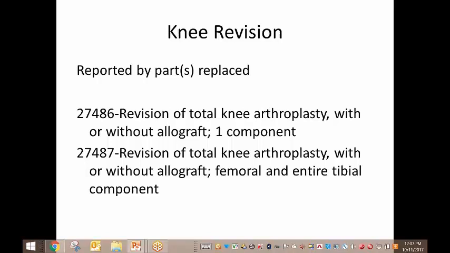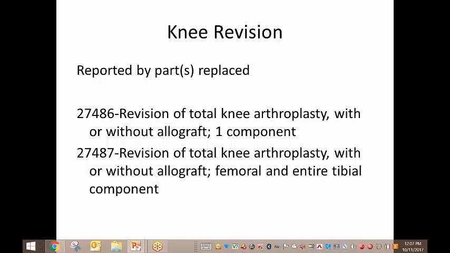I think we also sometimes have a problem because there is no conversion code like we have in the hips. I think we're eventually going to have to see one created, because we have patients having unicompartmental knee replacements now who down the road are going to need a total knee replacement. And so we're going to need that conversion from other previous knee surgery to a total knee. So we'll see what happens.